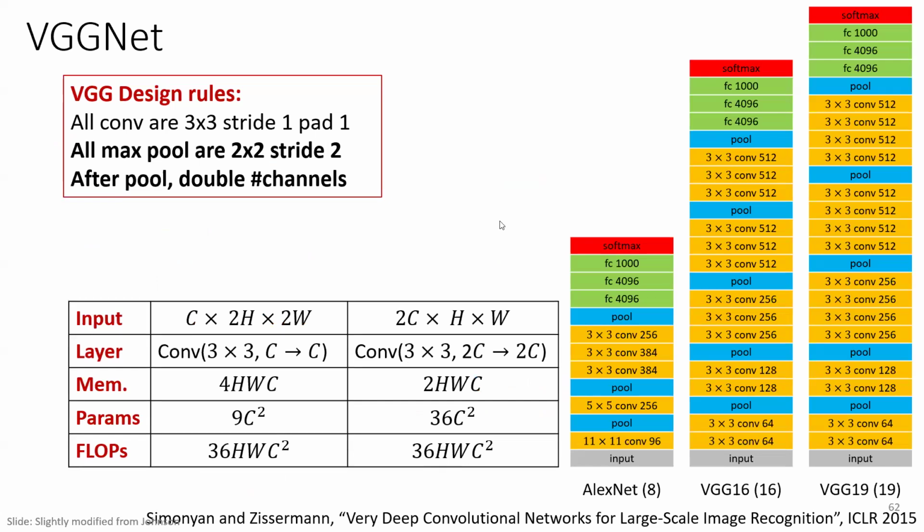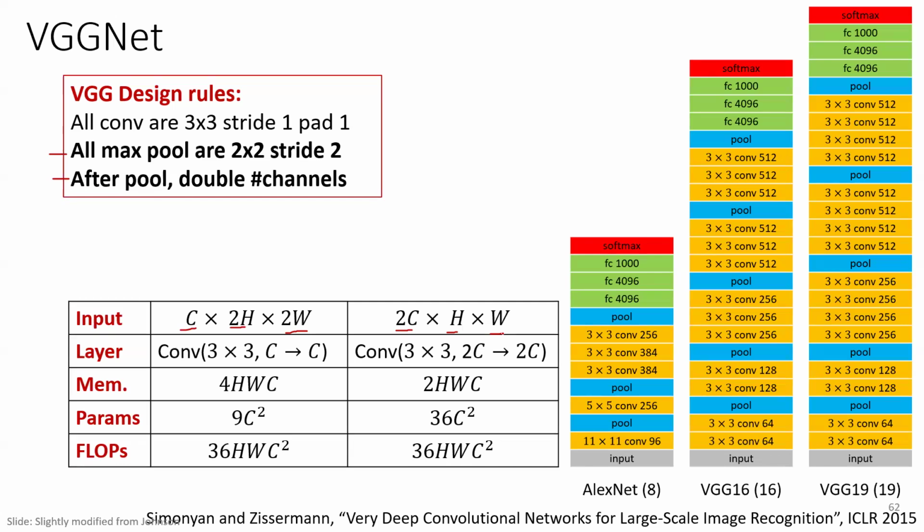Okay. Then all max pools are 2 by 2 stride 2. That's another design choice. After pool, double the number of channels. So let's compare that. C, H, W becomes 2C, H/2, W/2. So this is the choice.